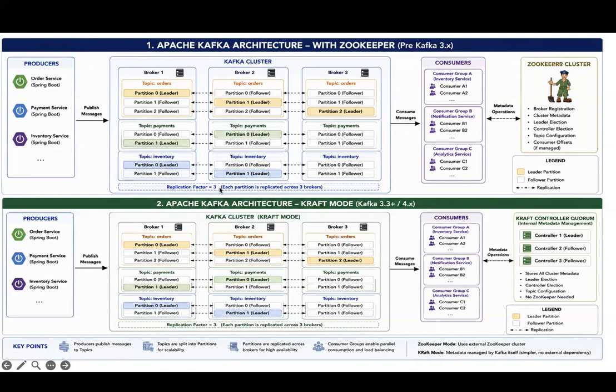Based on the configured replication count, the topic name, the number of partitions and the replication count can be configured when we create a topic in the cluster. In this example architecture, we have three topics: order, payment, and inventory.